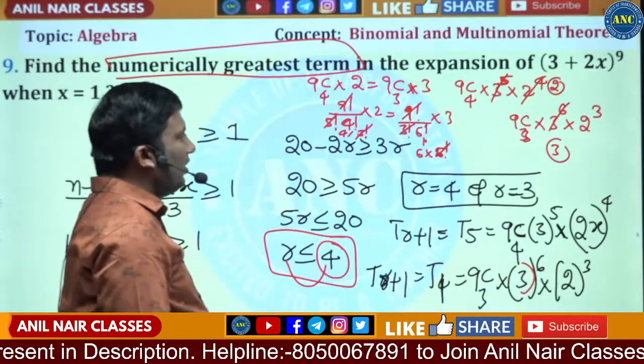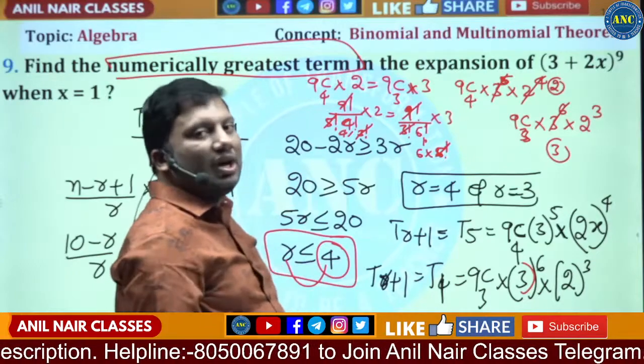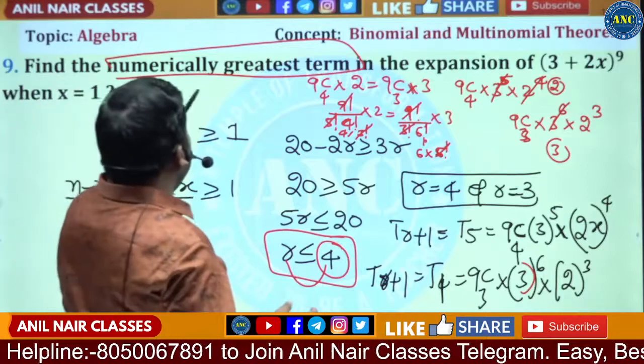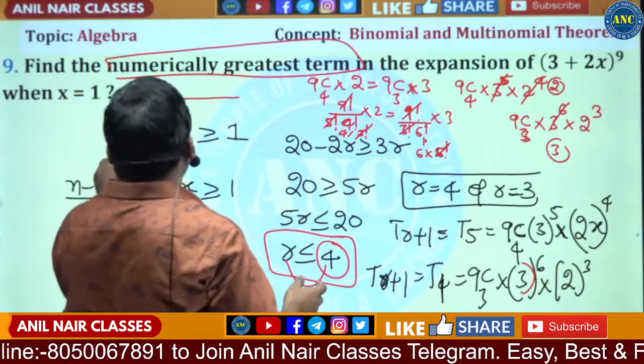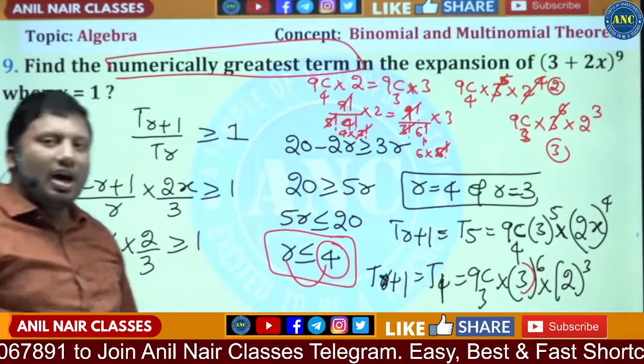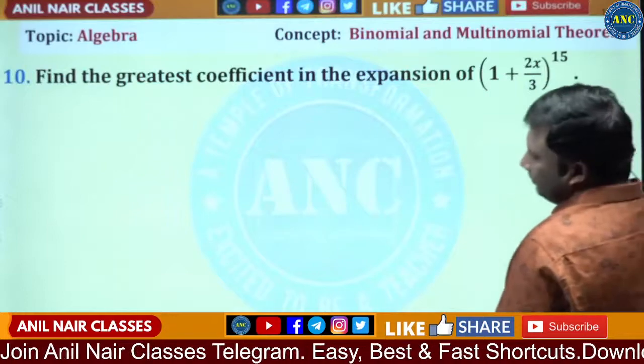So two values will be there. If you compute it, both will result in the same value. I hope the idea is clear. T(r+1) by T(r) is greater than or equivalent to 1. This is the concept.